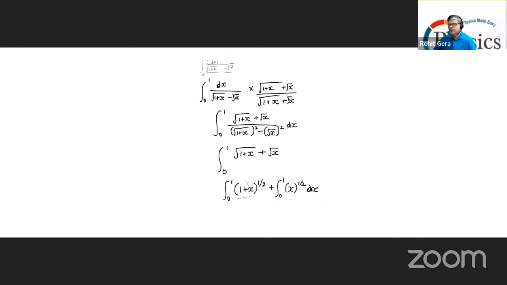X raised to power n. Both are x raised to power n. This is a linear one, so you can directly use it. So this will become 3 by 2 divided by 3 by 2. The other one will also become 3 by 2 and 3 by 2. Correct. I think this was the only trick you had to use, not much use of any property being tested.